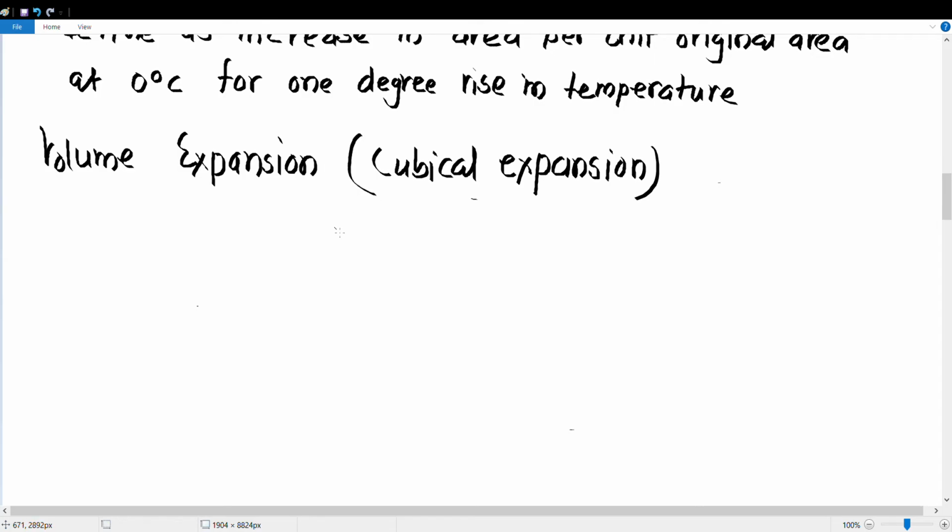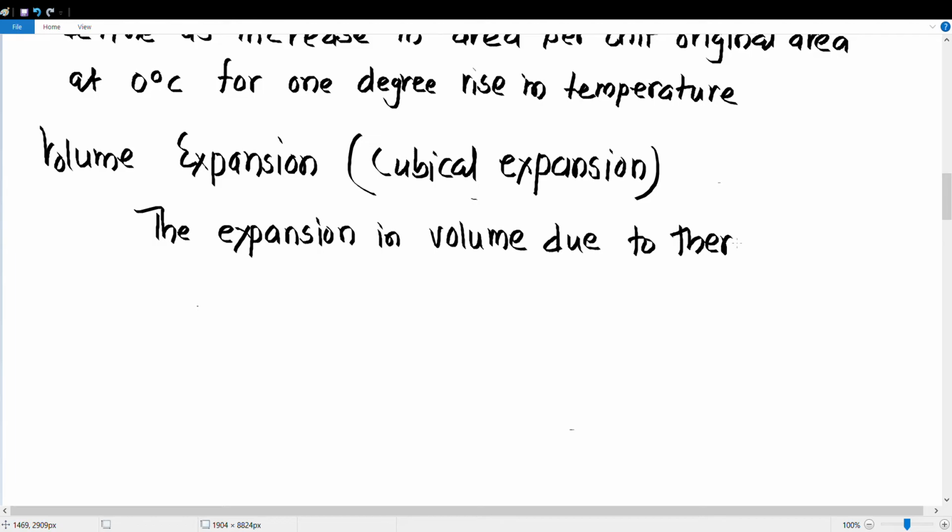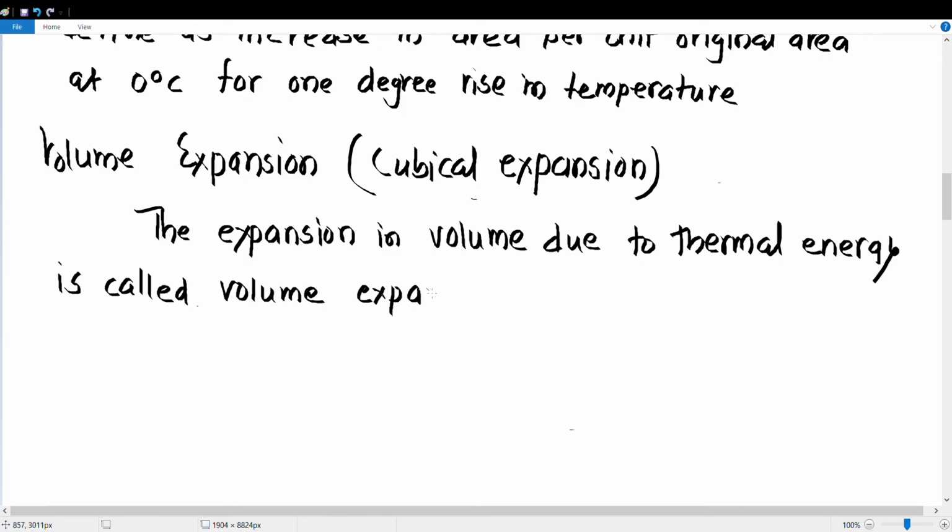Its definition is: the expansion in volume due to thermal energy is called volume expansion. This is the volume expansion.